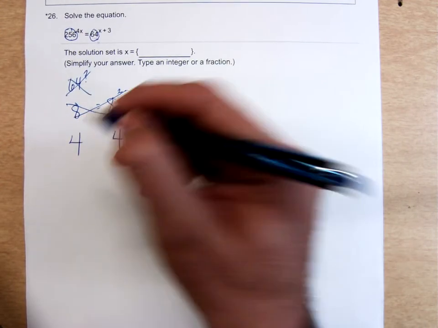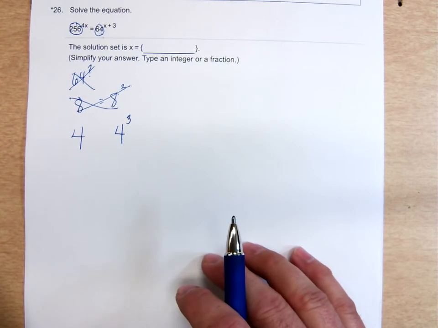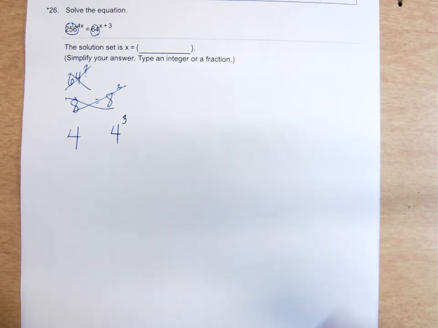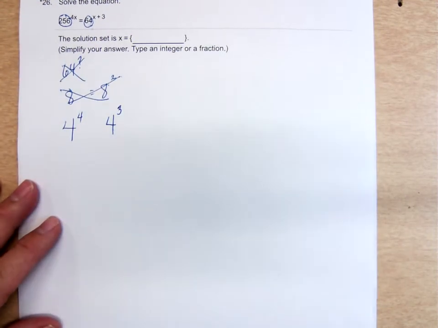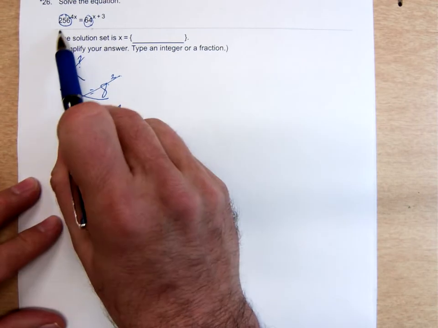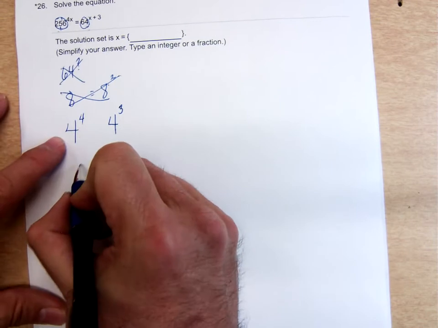I'm trying to come up with that common base. How many 4's would I need to multiply together to get a 256? Well, one more. If you multiplied out four 4's, that'll give you 256. So I'm going to rewrite this, replacing the 256 with a 4 to the 4th.